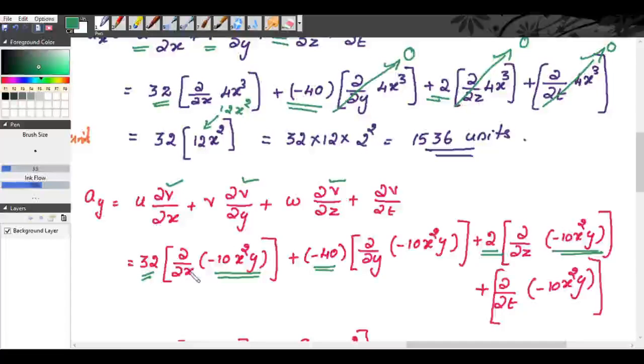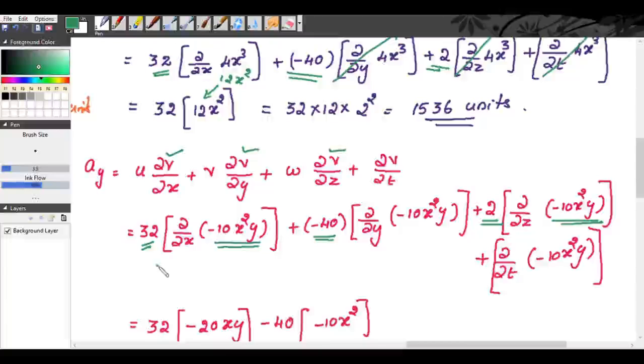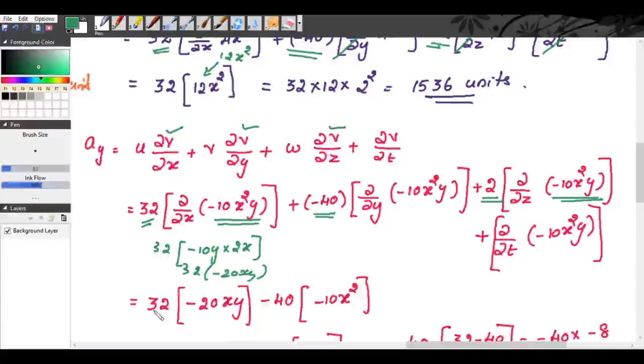Now, we are differentiating with respect to x. So, we get 32 into, when we differentiate with respect to x, minus 10, y is constant. So, for x², it is 2x. So, we get 32 into minus 20xy.